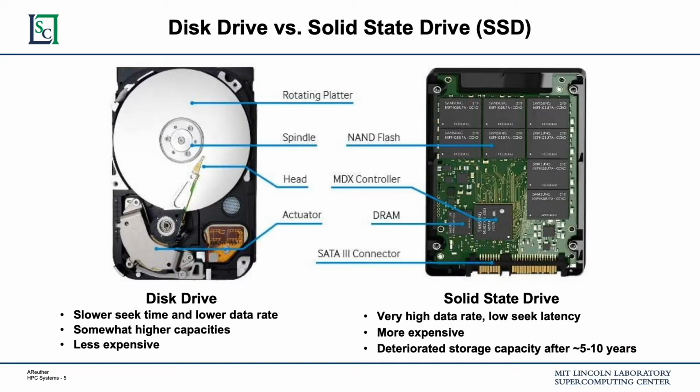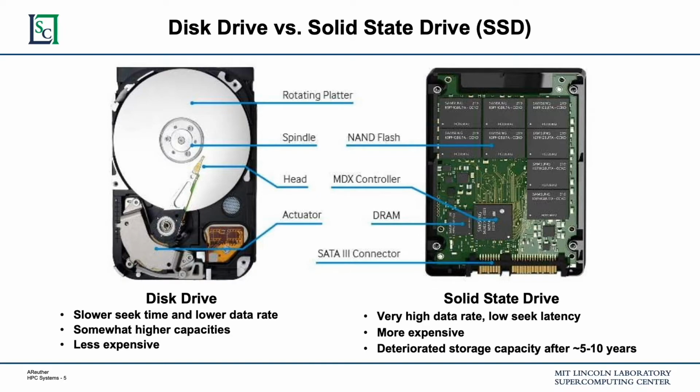Let's continue this discussion by comparing the magnetic disk drive on the left with the solid-state drive on the right. In contrast to the rotating magnetic platters of the disk drive, a solid-state drive reads and writes data into transistor circuits within one or more chips. Those chips are labeled NAND flash on the diagram on the right, but NAND flash is just one of several technologies used to make such storage chips.